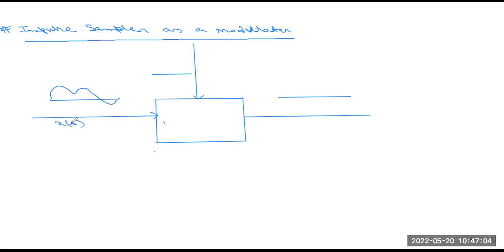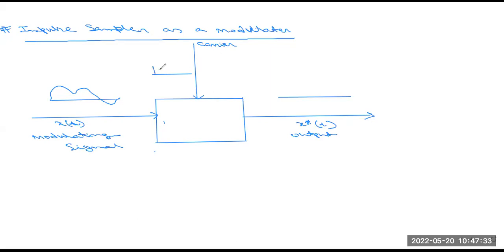x of t, that is the modulating signal. Another one, this is the output x asterisk of t, that is the output, and one is the carrier signal.